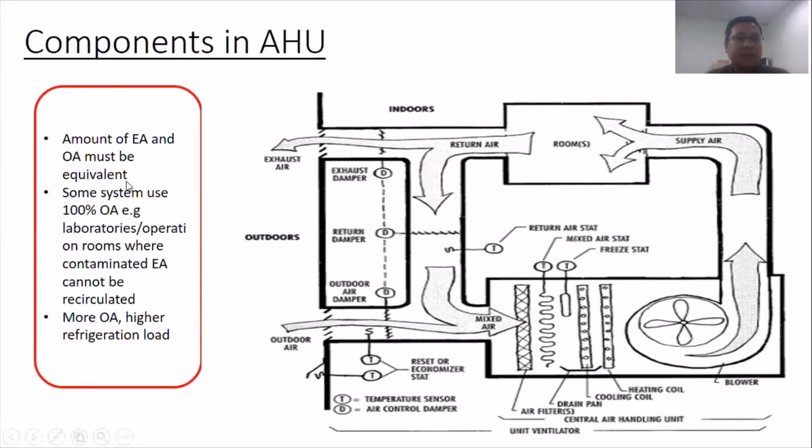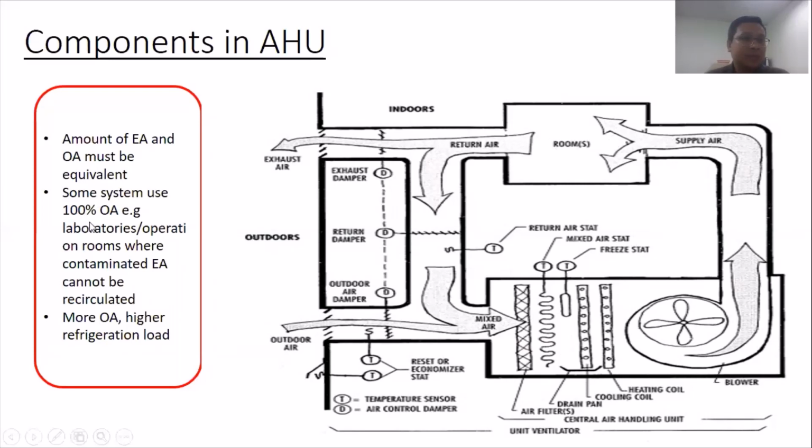So between the indoor, exhaust, and outdoor, the flow should be equivalent. If not equivalent, something is wrong. Maybe the system is not balanced, or there is leaking somewhere within the system.